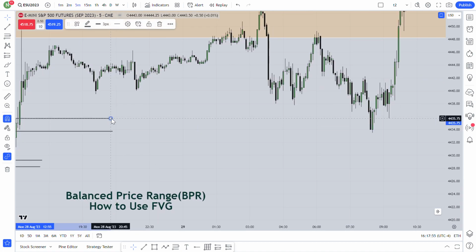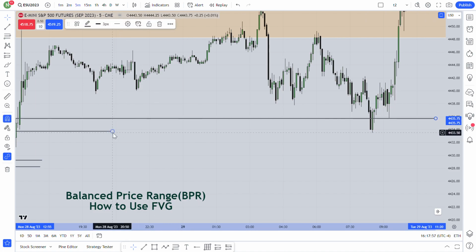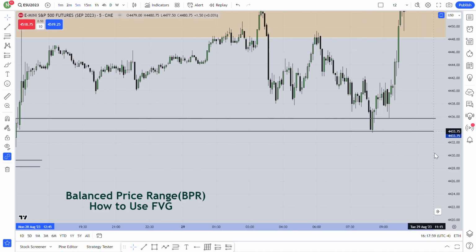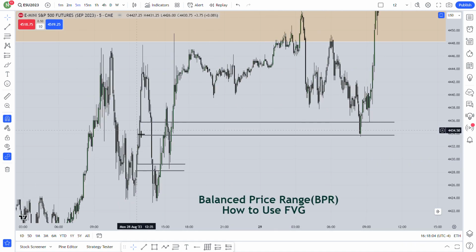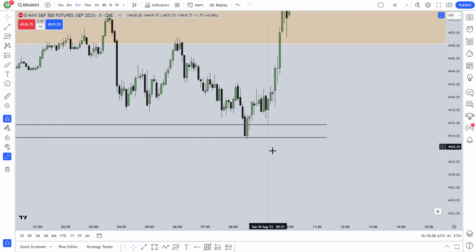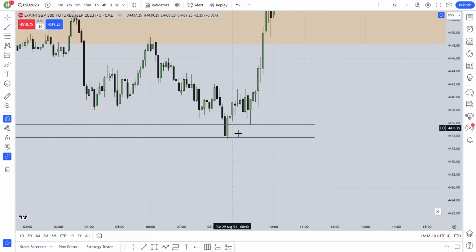Okay, I got it here. Here is the sell side delivery, and what I was talking about, when price came just under the consequent encroachment, it is also not balanced.